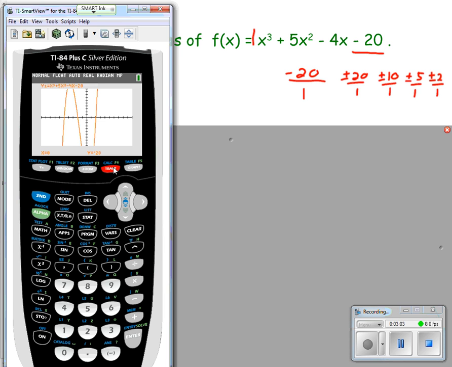We can hit trace to double check. Type -5, and sure enough, y equals 0 there. Type -2, once again, y equals 0. And then type +2, y is 0 again. You could also look at the table to see this.